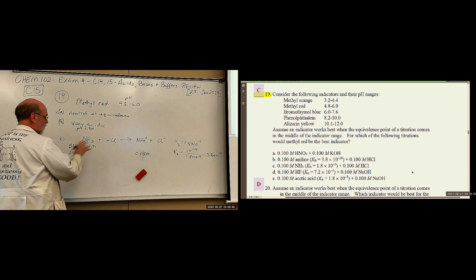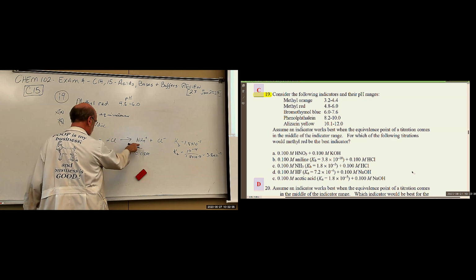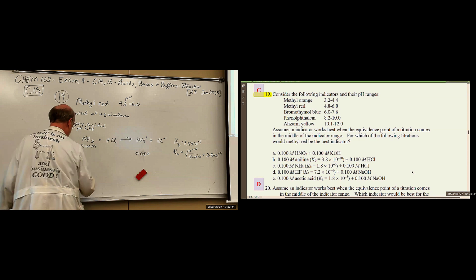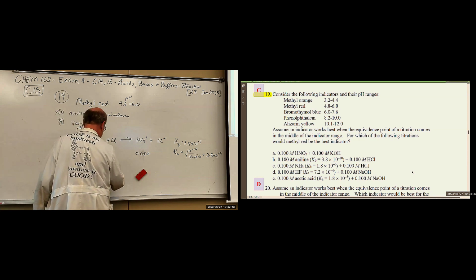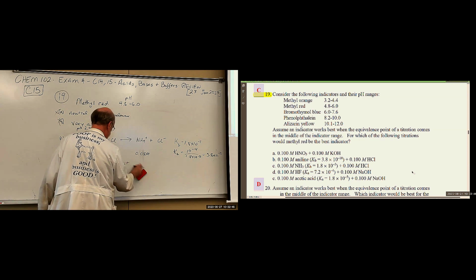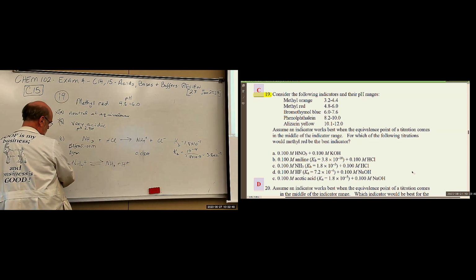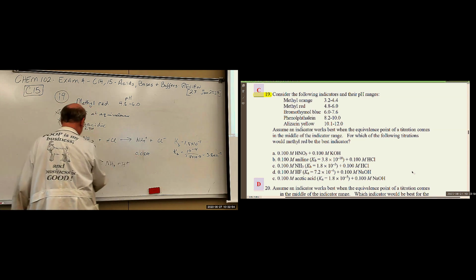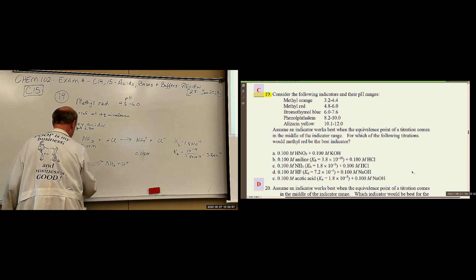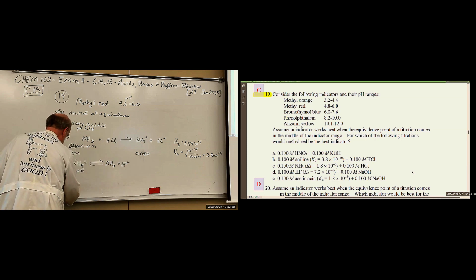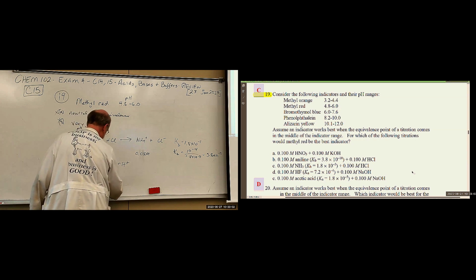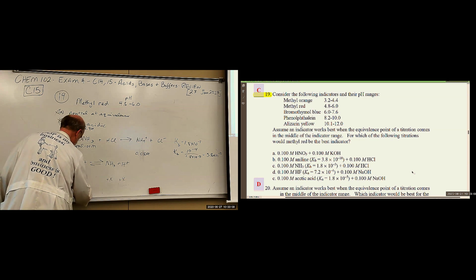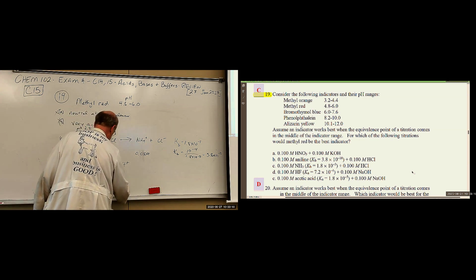Okay. So now ammonium is going to produce ammonia plus hydrogen ions. We're starting with 0.05 molar here as the initial. The change is minus x here, plus x, plus x, so 0.05 minus x, and then x and x.